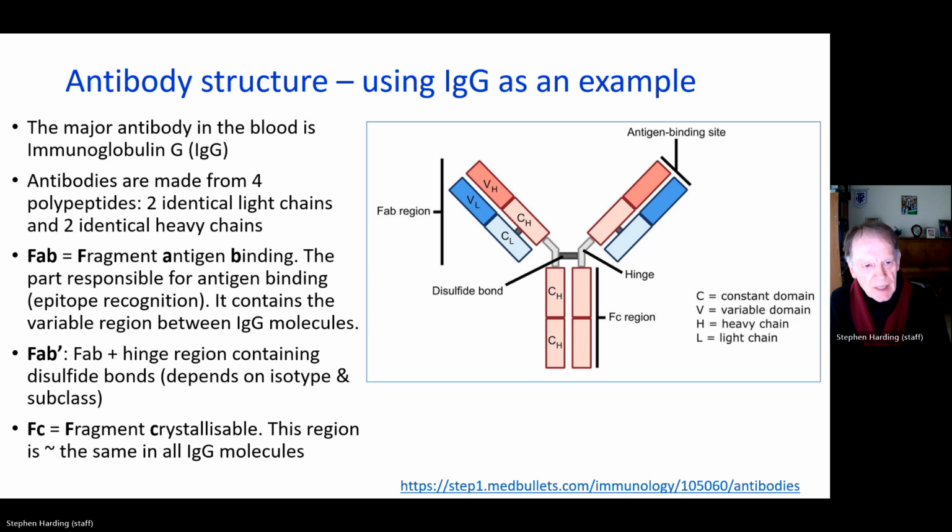Fab stands for fragment antigen binding. And this is the part responsible for antigen binding or epitope recognition. It contains the variable region of IgG molecules, with contributions from each light chain and each heavy chain.